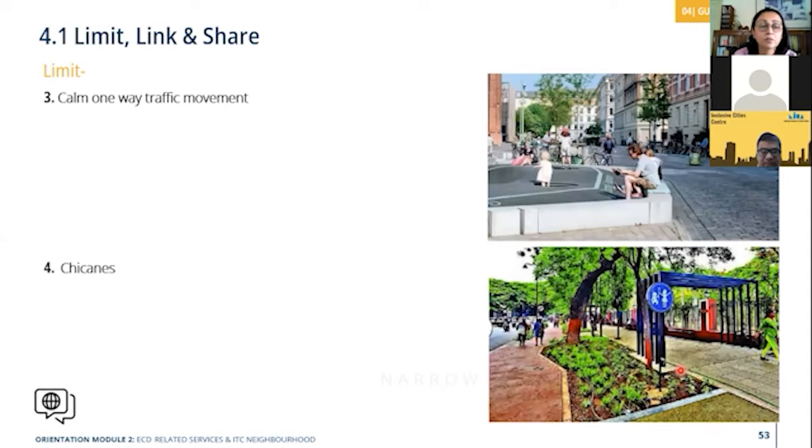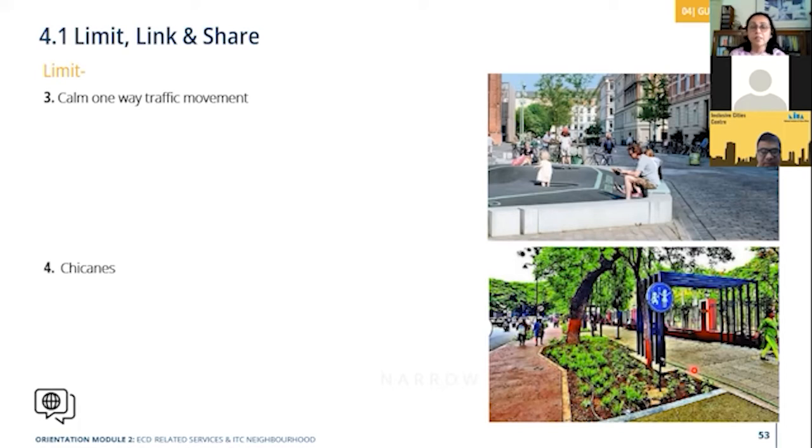Third thing to limit would be the amount of traffic. We said to move the traffic in a more efficient way on less space, some of the streets can be made into one-way traffic. So neighborhood streets, especially which have a lot of ITC activity, need to have obstacle-free movement, obstacle-free pedestrian space.